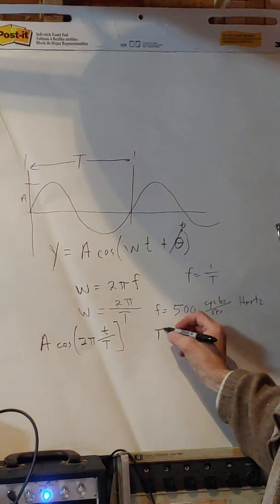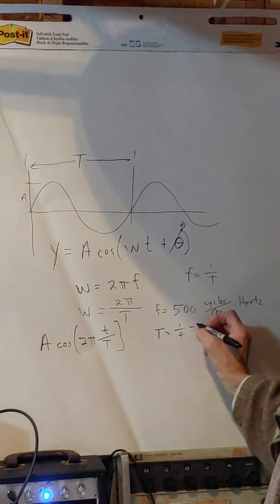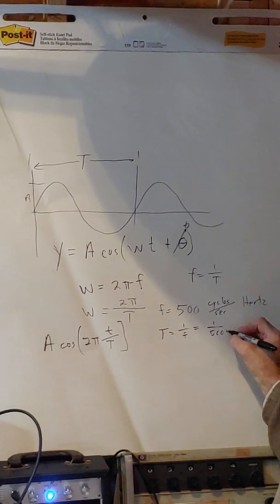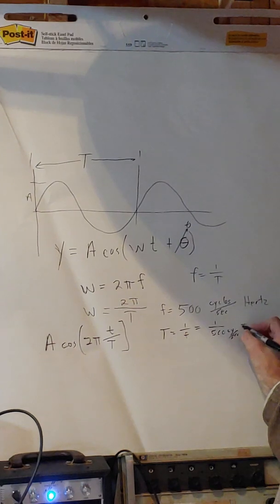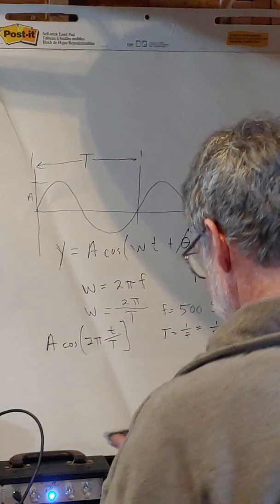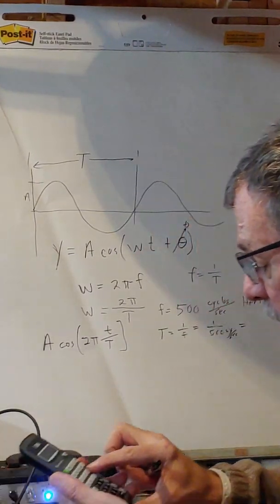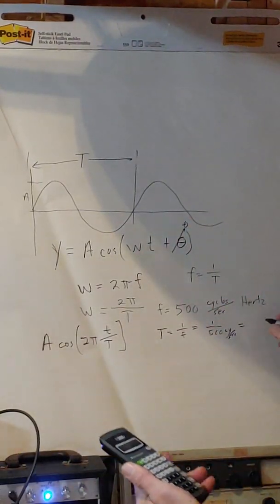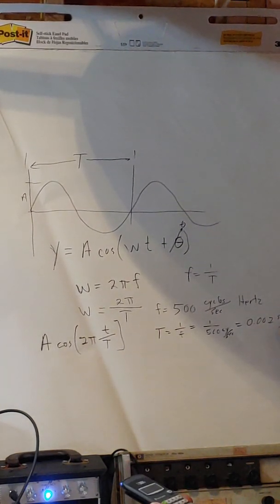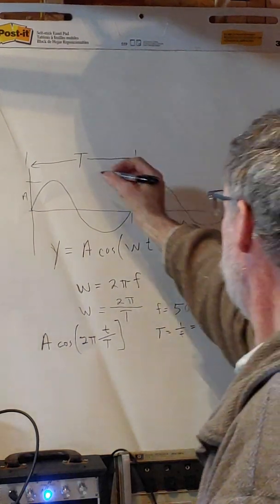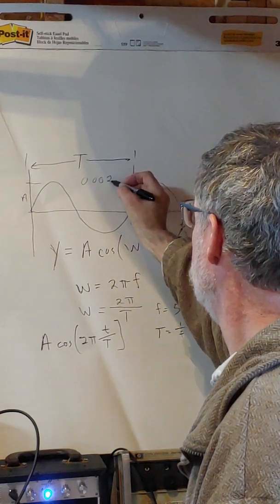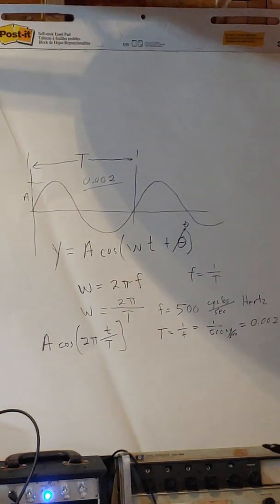The period is 1 over the frequency, which is 1 over 500 cycles per second. If I take my calculator, 1 divided by 500 is 0.002 seconds per cycle. So this time here for 500 hertz would be 0.002 seconds. Okay?